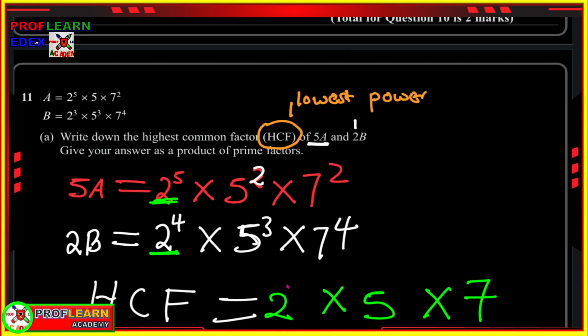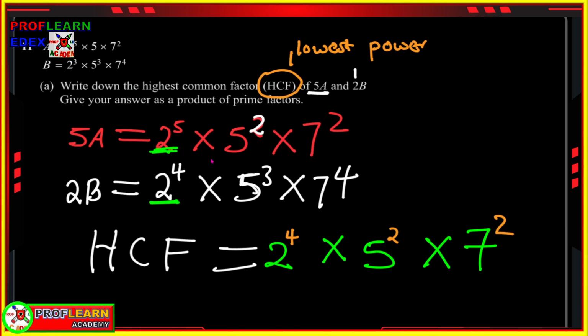So in this case we shall take 2 power 4. For 5 we'll take 5 power 2, and for 7 we shall take 7 power 2, and that now becomes the answer as a product of prime factors. That's what you are supposed to do in a question like that.